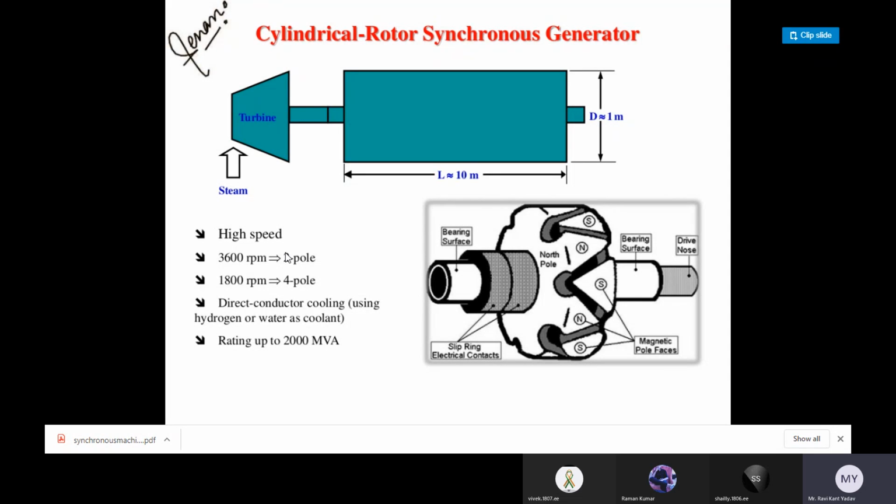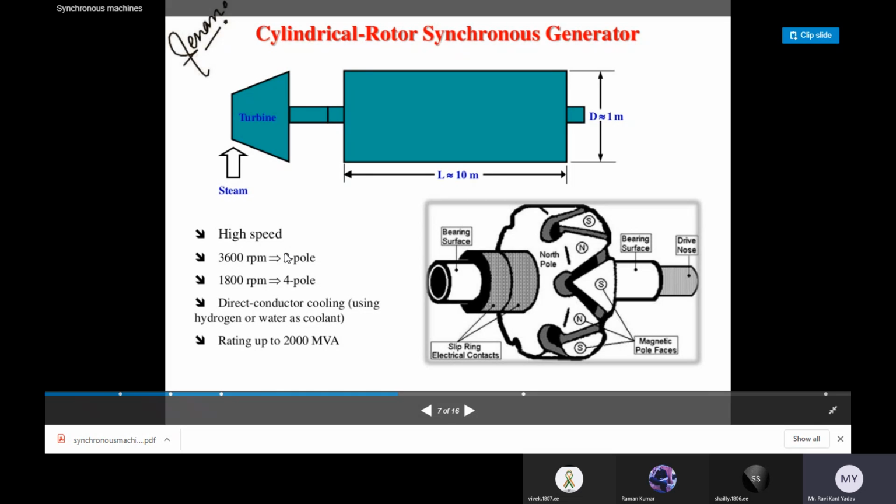If current is flowing through a conductor having its own resistance, then due to the resistance I squared R losses are produced, and that's why heat is generated in the armature winding and any winding where current is flowing. That requires a cooling system. Cooling systems are used to cool the winding from the heating effect.